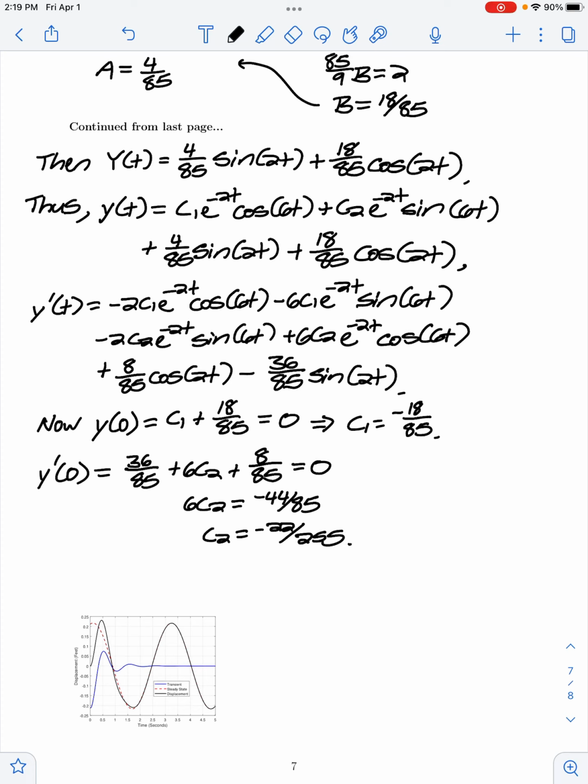So substituting these expressions back into our general solution, we find that y of t is given by our homogeneous solution.